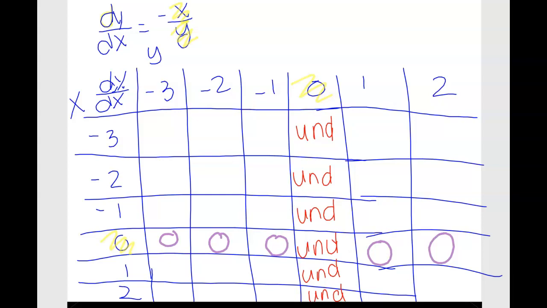So you have to take this x and this y and plug them in. So it's negative 2 over negative 3. A negative 1 over negative 3.